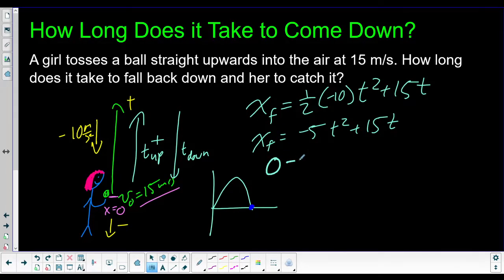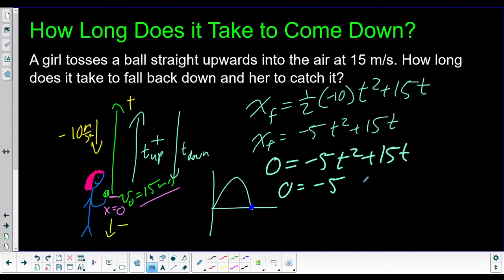And now you're having flashbacks to Algebra 2 class where you had to solve this, which is actually pretty easy. So we could factor out the GCF of t. So we have 0 equals negative 5. Let's factor out negative 5t. So we take out negative 5t, so this is now t minus 3. Okay.